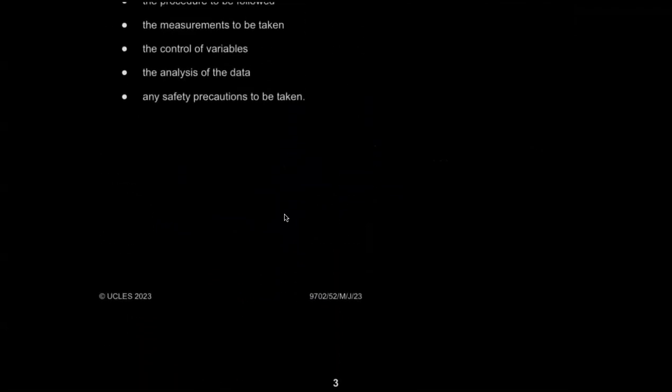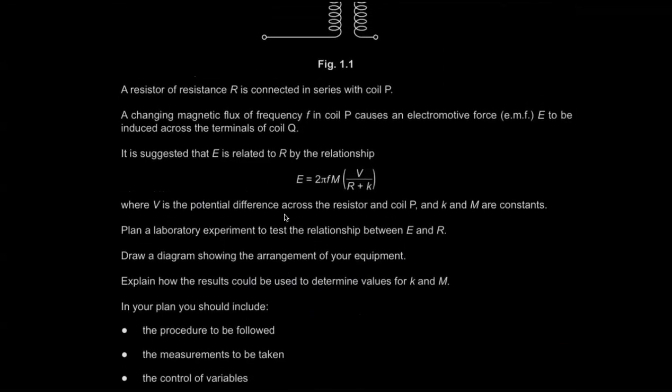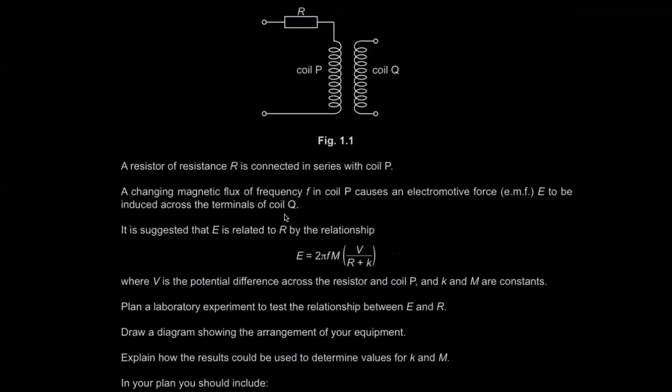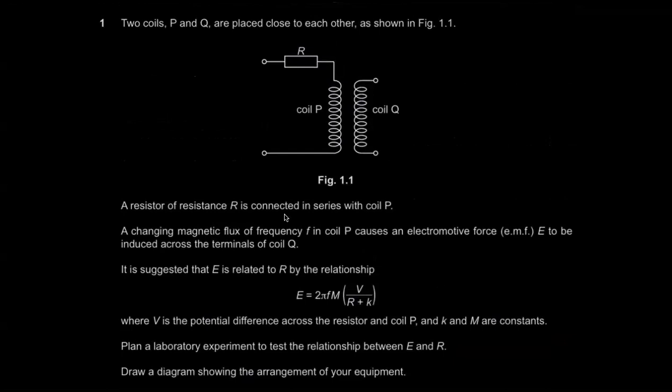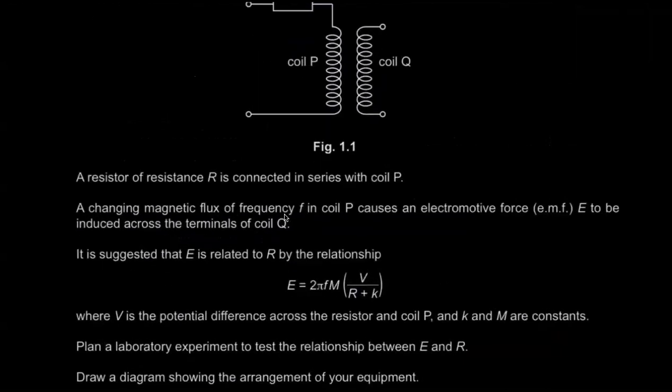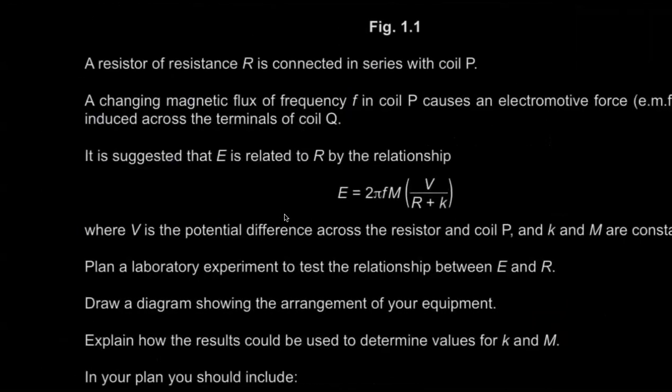Again, a very easy way to see what the control variables are. Most of the time this will work. Sometimes you will need to think about something else as well. But most of the time the approach is that here you are investigating the relationship between E and R. K and M are constants.